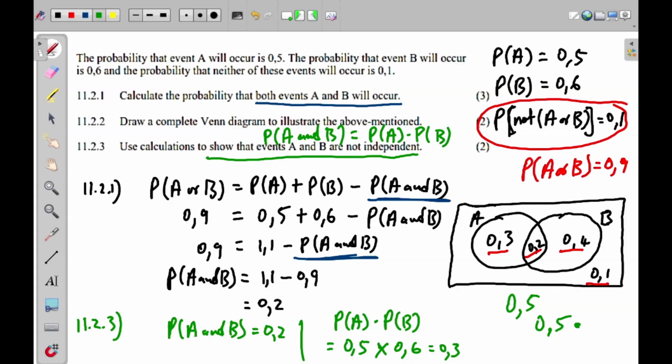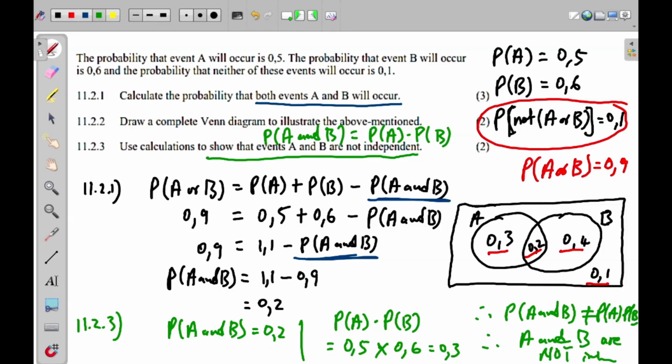So obviously we multiply the 0.5 by the 0.6, we get a 0.3. Now guess what? I can conclude that I have done the separate calculations and my findings are that probability of A and B is clearly not equal to the probability of A multiplied by the probability of B. And therefore, the two events A and B are not independent.